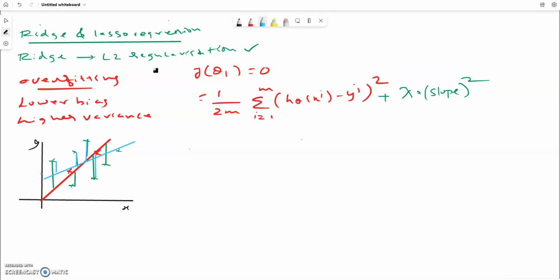I have added lambda times slope whole square so that this will create some amount of bias in this new line, and the variance will reduce so that our performance will increase.